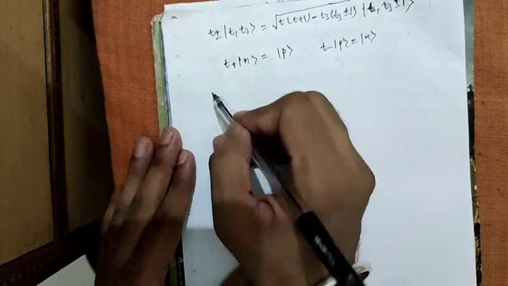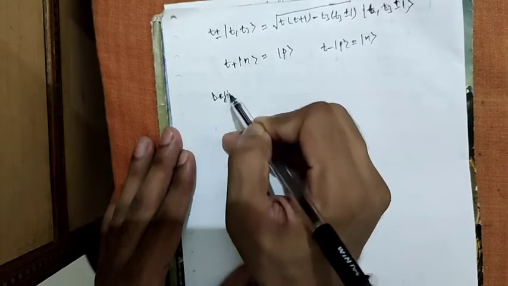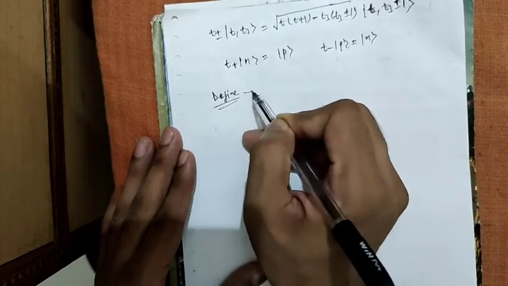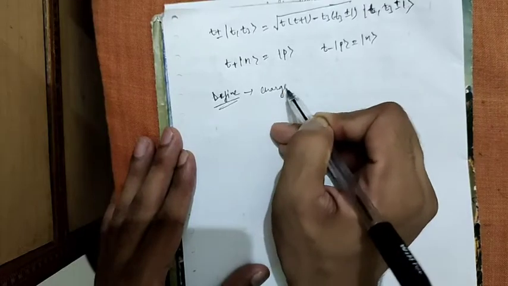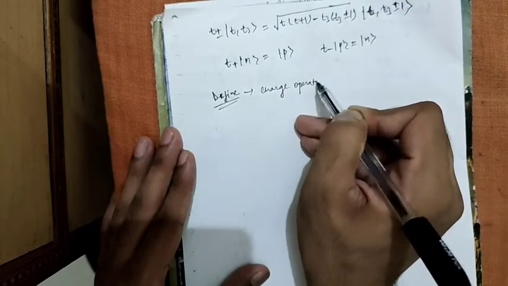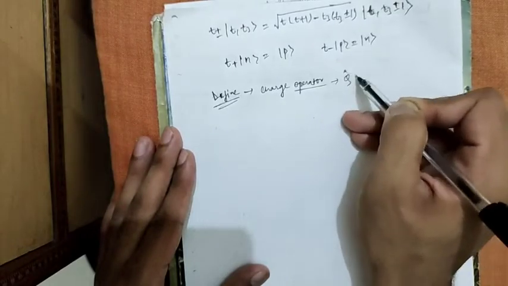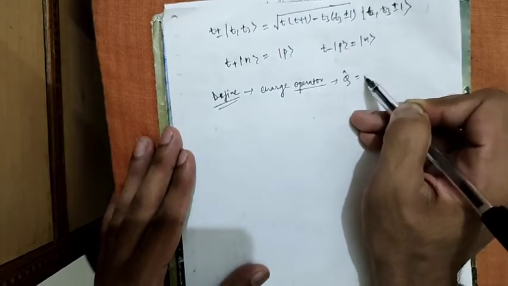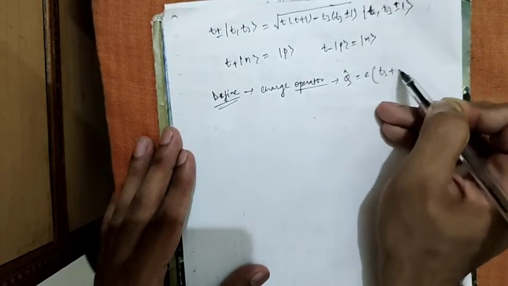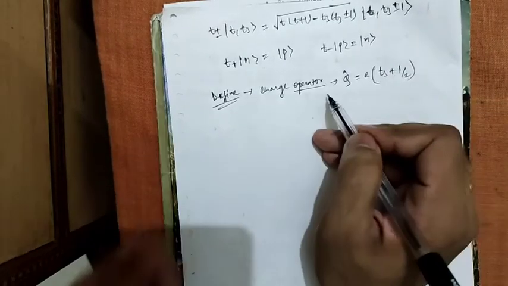Now, in the end, let's define one more quantity, the charge operator. The charge operator Q is given by e times (T3 plus half).